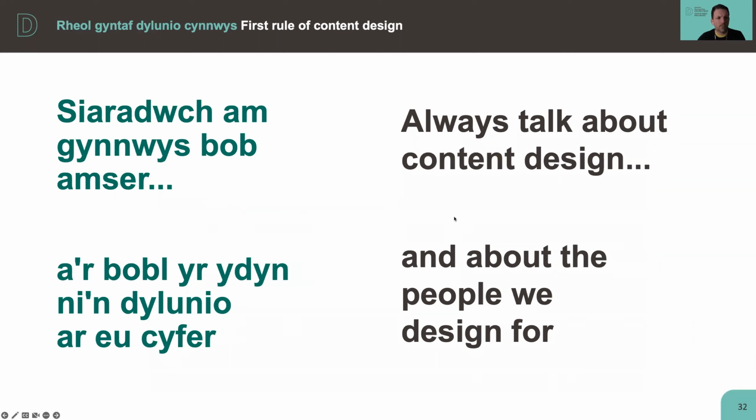So I want to leave you with an idea to go away with from this presentation. That would be some kind of call to action. Now, this is the idea. I want you to go back to your organization and talk about content design. Now, if you're a content designer, talk to people about the work that you do and about the benefits that you bring for your users and your organization.